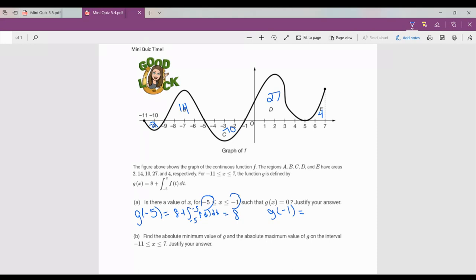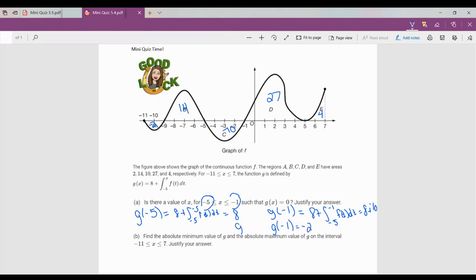Now g of -1 equals 8 plus the integral from -5 to -1 of f of t dt, which is the area under the curve, -10. So 8 plus -10 gives g of -1 equals -2.